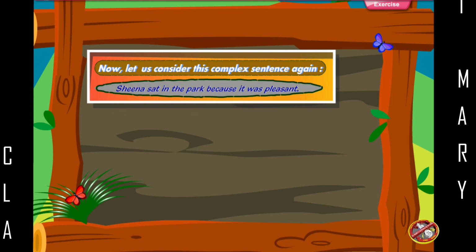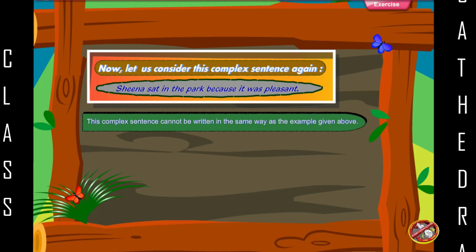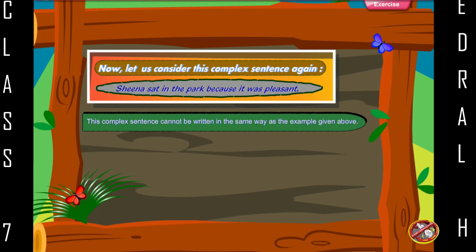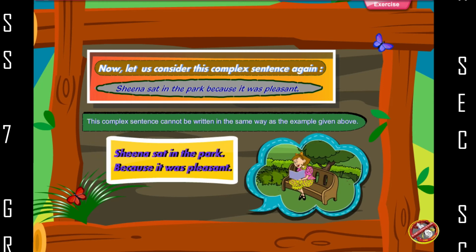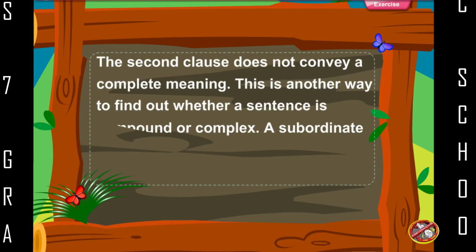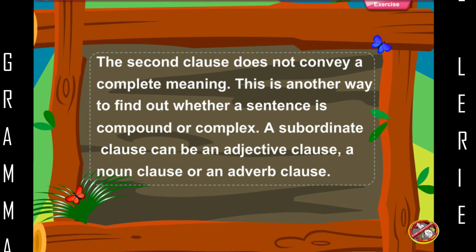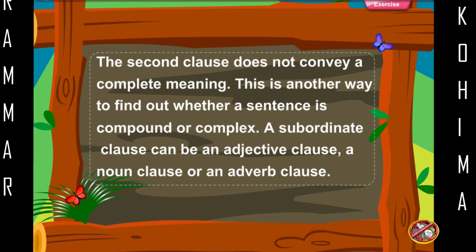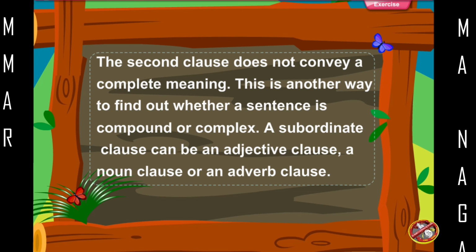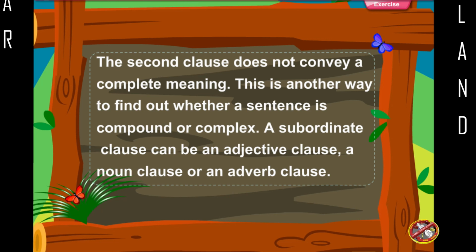This complex sentence cannot be written in the same way as the example given above. The second clause does not convey a complete meaning. This is another way to find out whether a sentence is compound or complex. A subordinate clause can be an adjective clause, a noun clause, or an adverb clause.